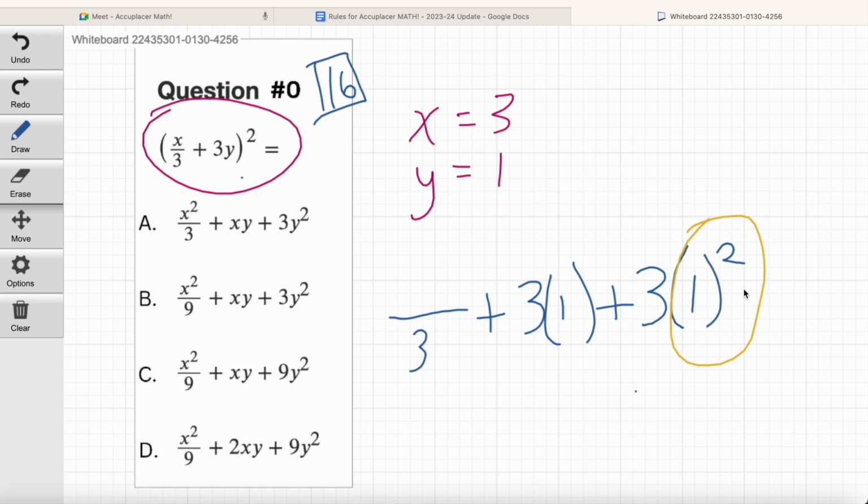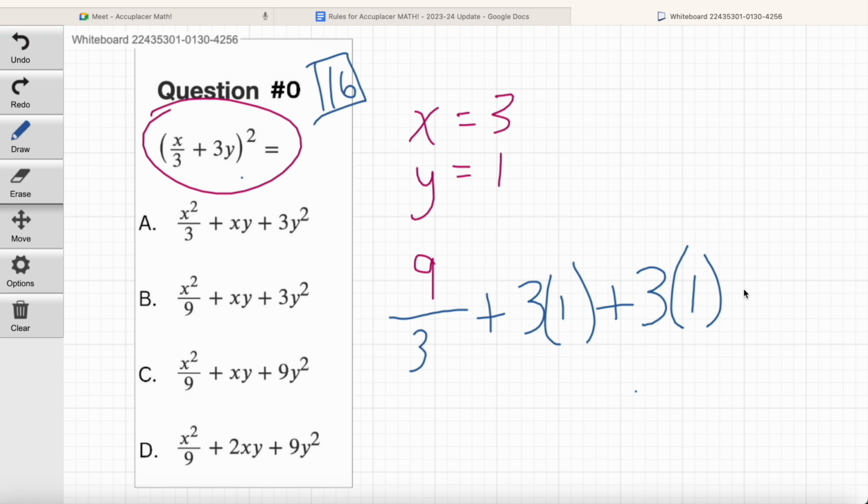I'll just replace that: 9 over 3. And then what's 1 squared? Just 1, yeah. Good, we've taken care of the exponents. Now we could do multiplication and division. Doesn't matter which one we do first. The first one. Yeah, what's 9 divided by 3?